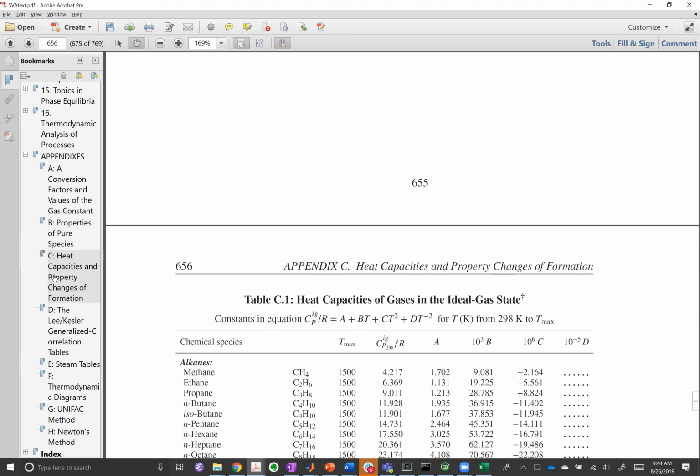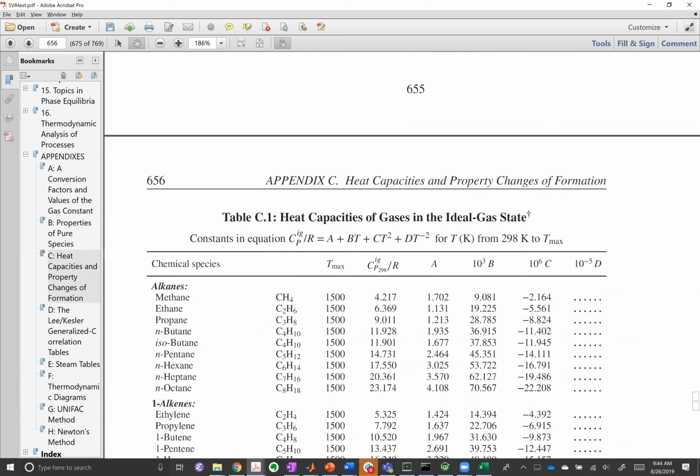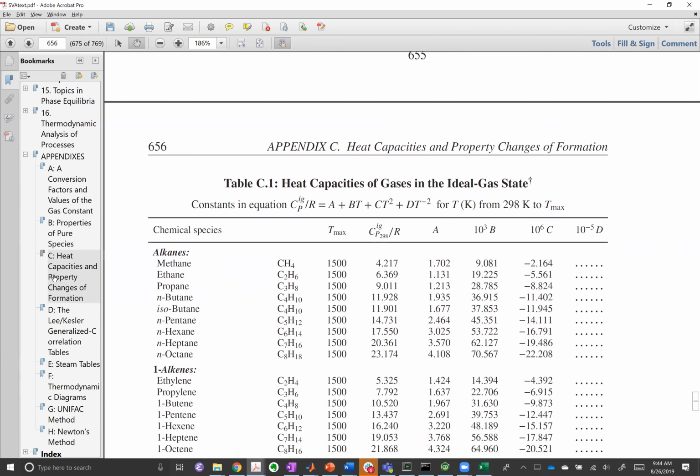Heat capacity. That's a function of temperature, and we're going to be, for the most part, not assuming that the heat capacity is constant when we do these problems.